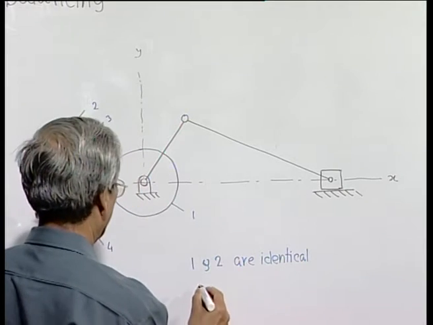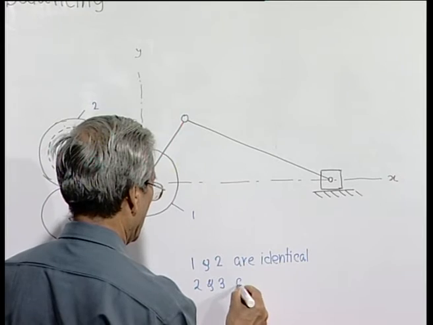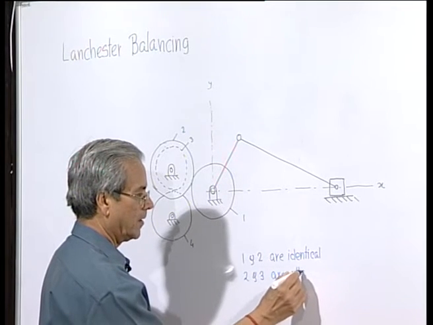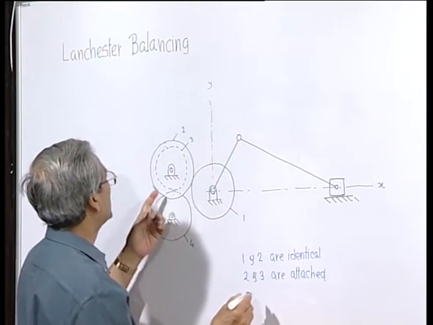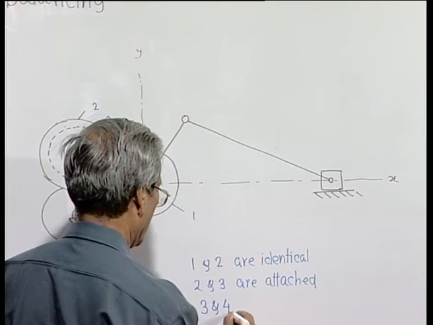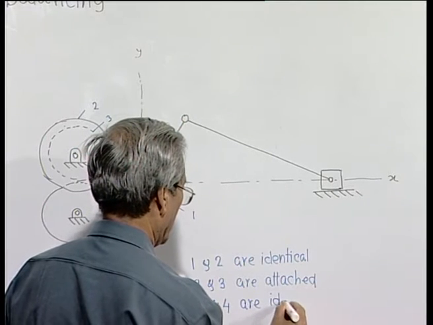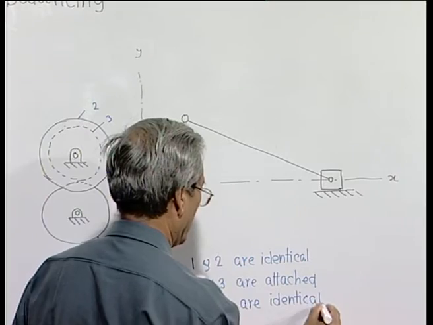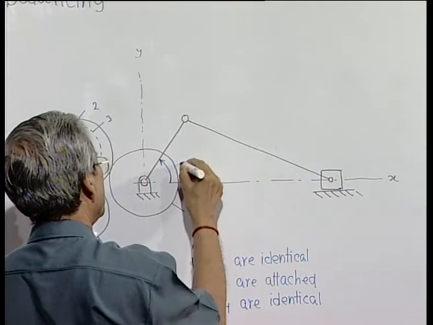Then 2 and 3 are attached. Three and 4 are identical. Now, this angle is theta.